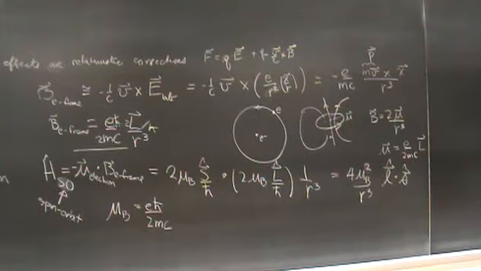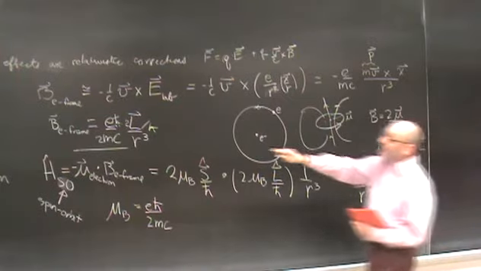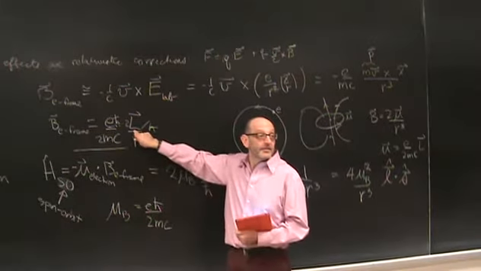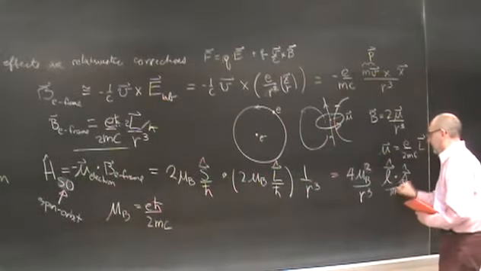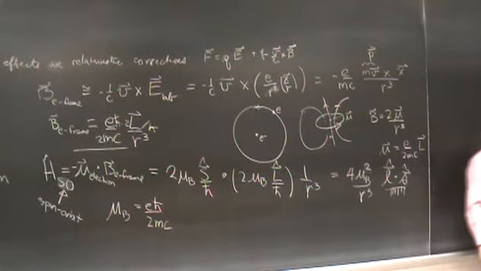In its rest frame, it sees a magnetic field. The strength of that magnetic field depends on what its orbital angular momentum was. And that then interacts with the spin and gives us this spin orbit coupling. All right? Very good.